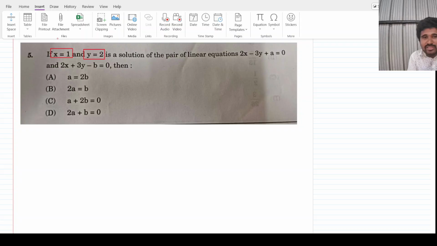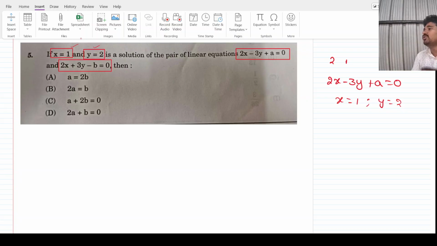Okay? These are the solutions of these two linear equations. So in the linear equations or solutions, x is equal to this, y is equal to this. Remember, when you say 2x minus 3y plus a equal to 0, whose solutions are x is equal to 1 and y is equal to 2, what does it mean?